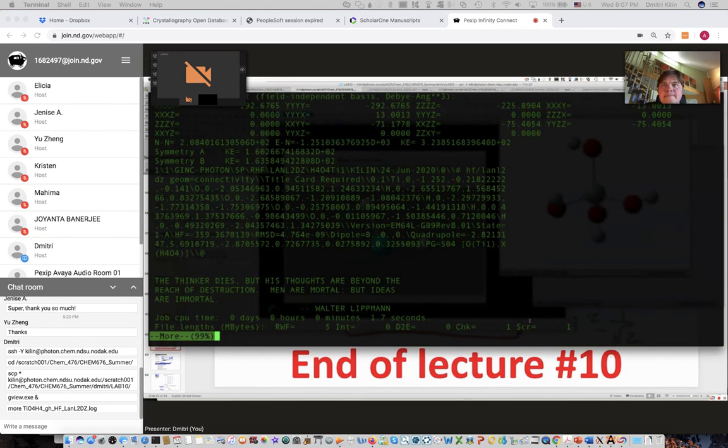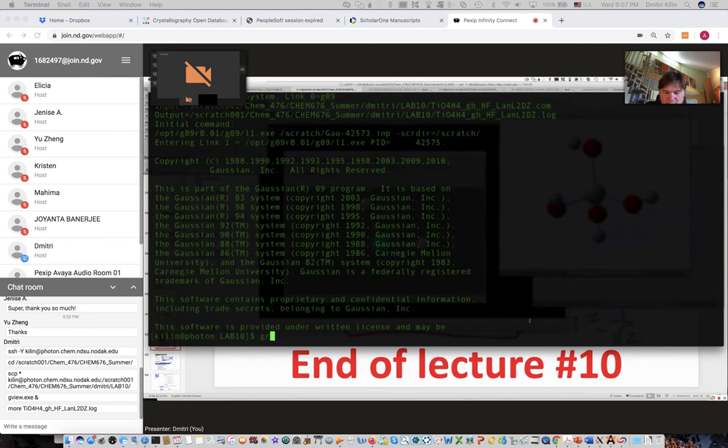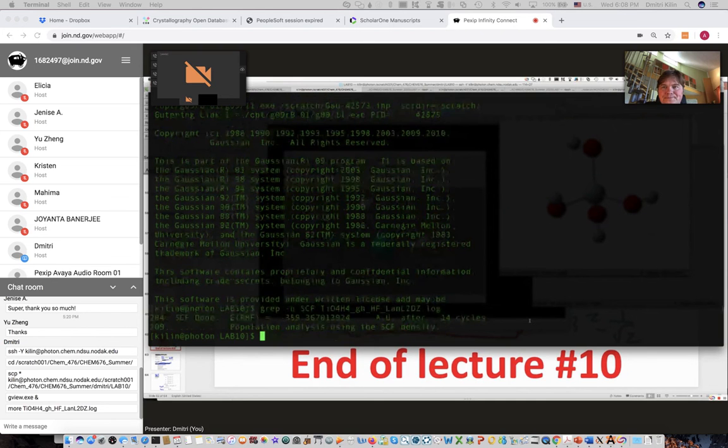If one scrolls through, there will be a line that tells the same information as one can extract with the GaussView software.